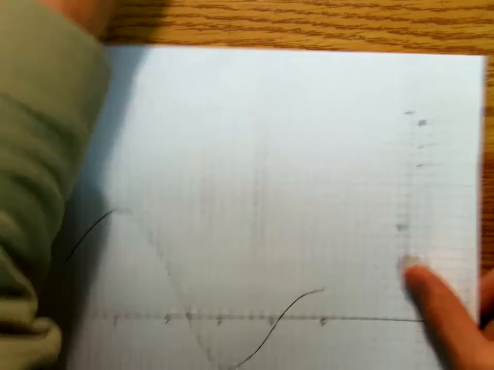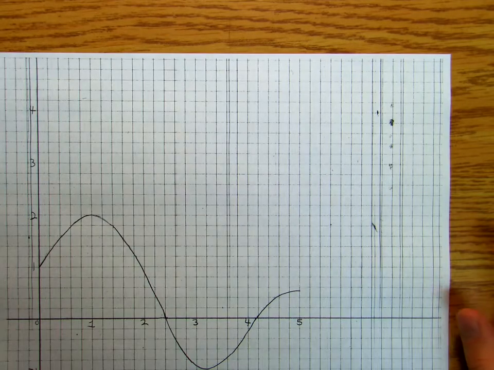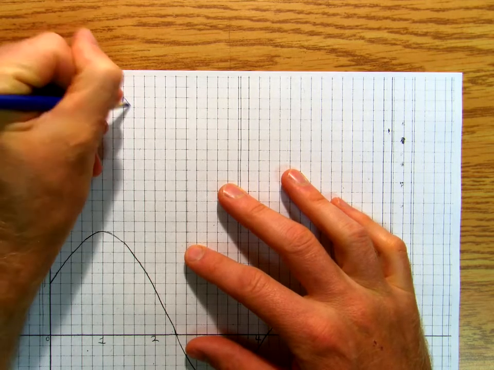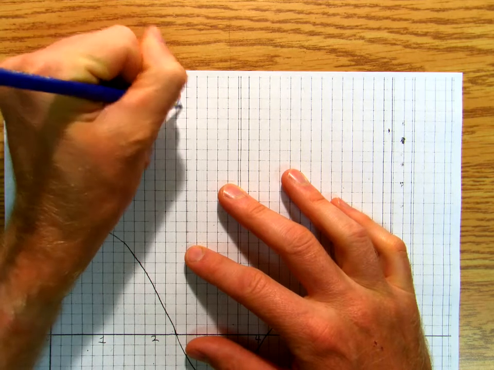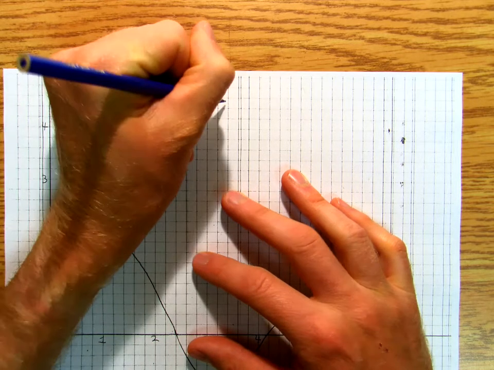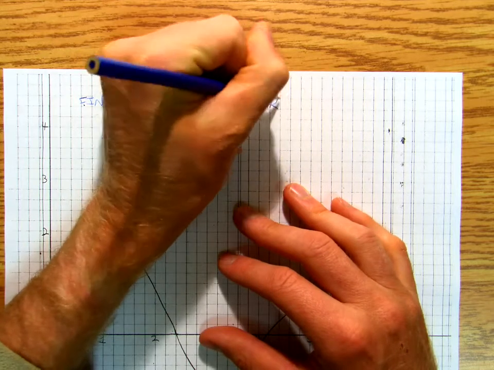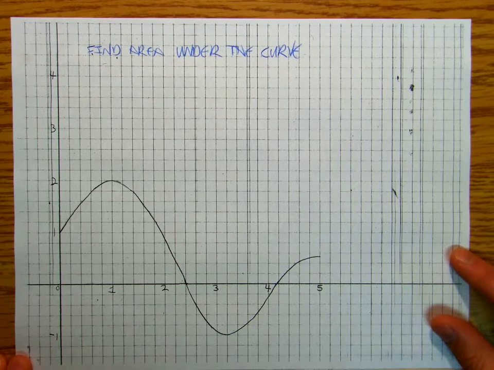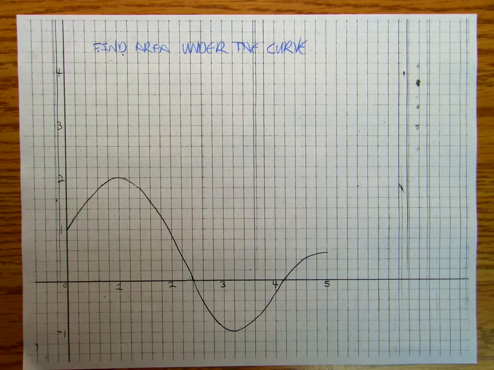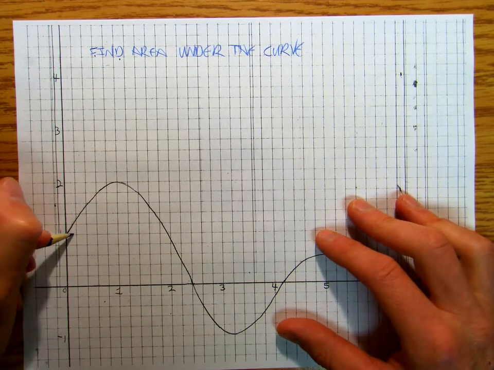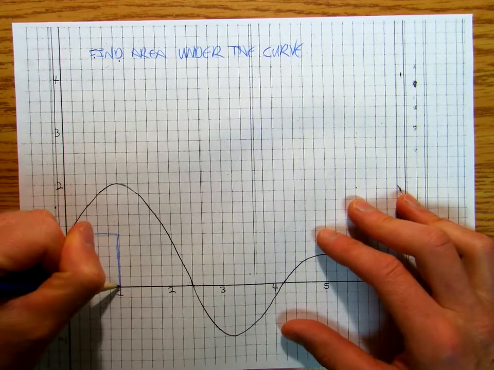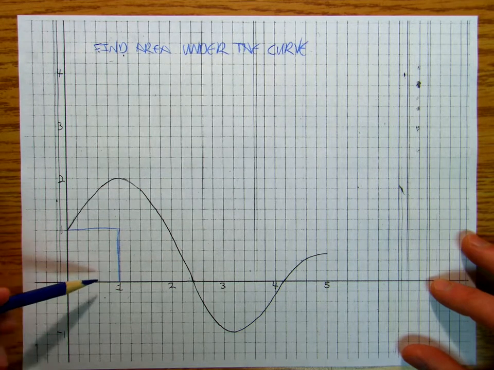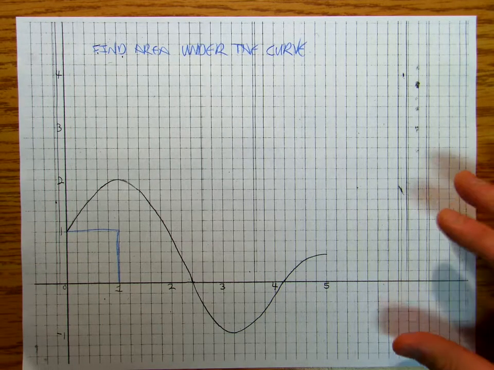So the first thing I want to do is find the area under the curve. What I've done first off is I've made it 5 boxes by 5 boxes.